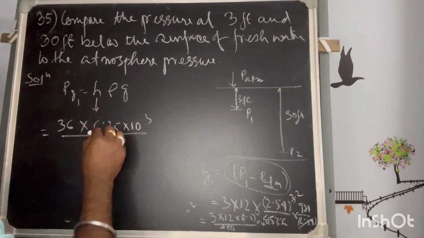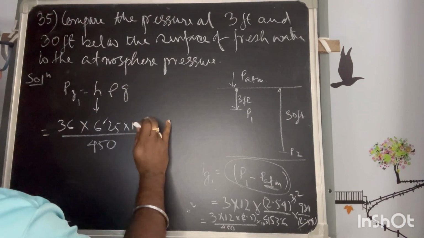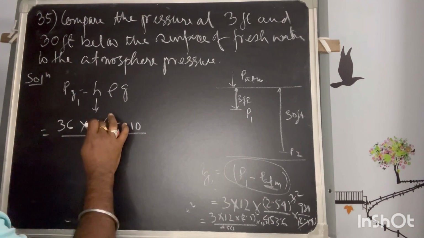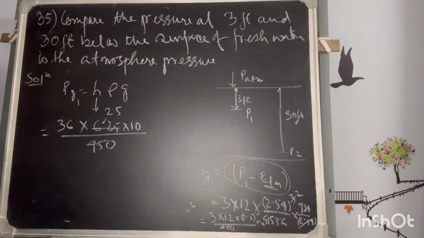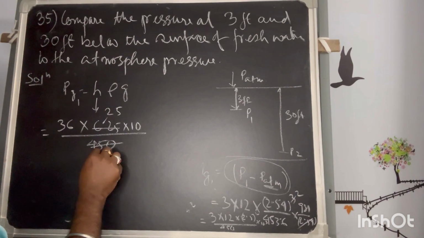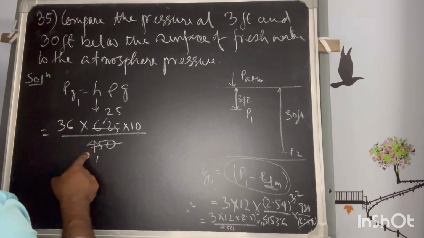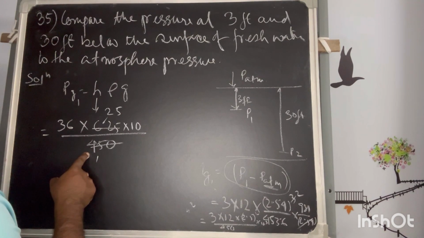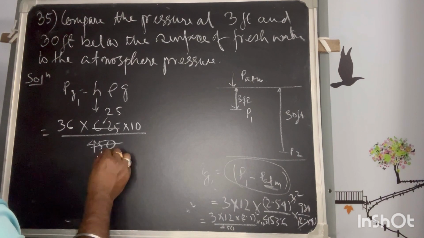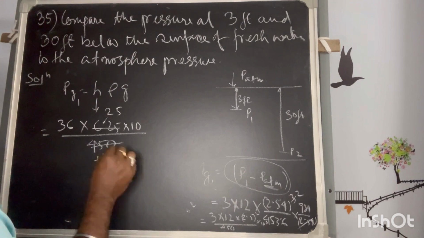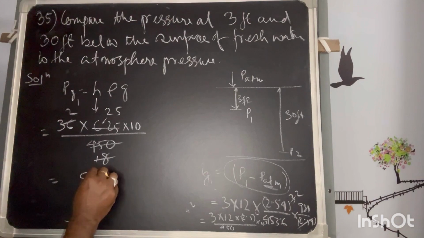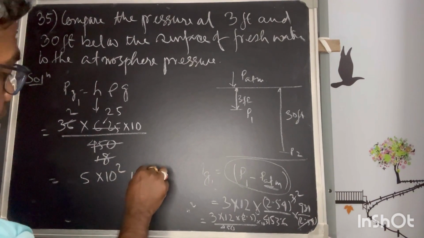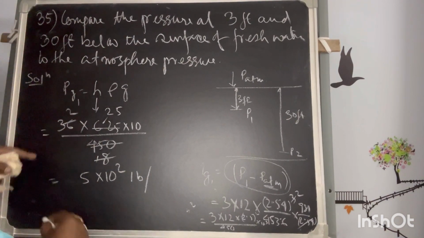Okay, so now this can also be reduced. 25 into 2 is 25 times 2 is 50, and so on; this will be 36 by 2, and this will be 50 into 2, which means it is equal to 5 into 10 to the power 2, pound per, and this is pressure.